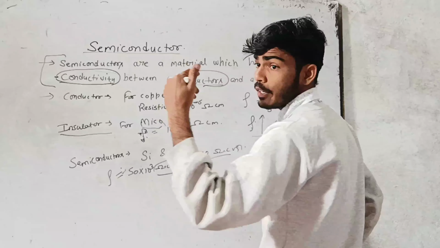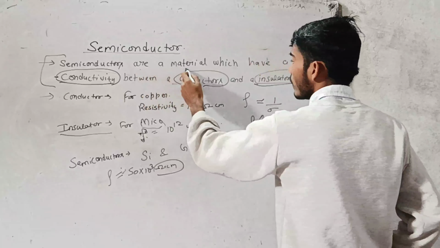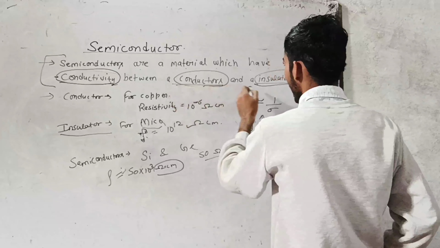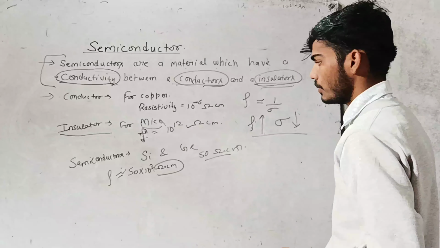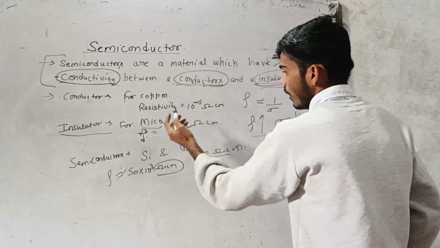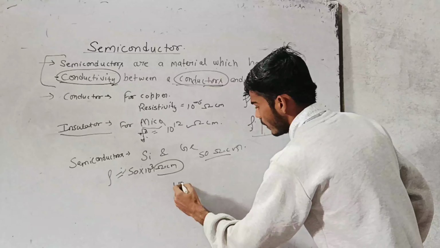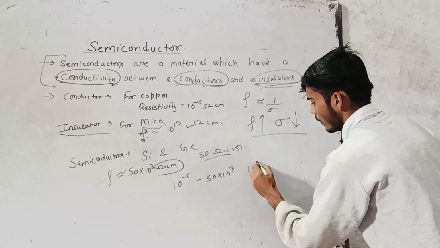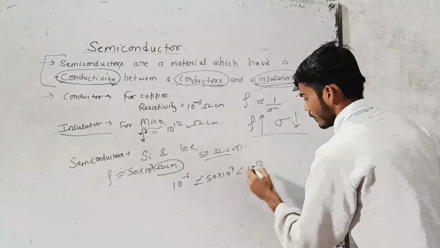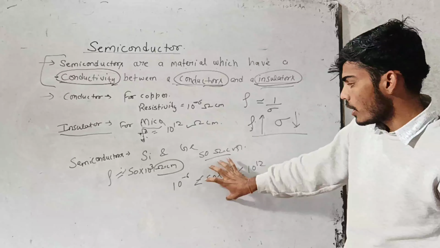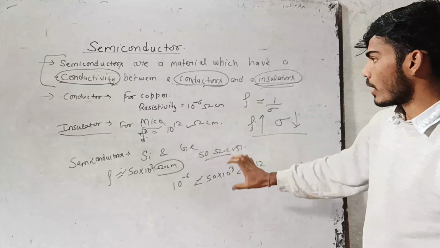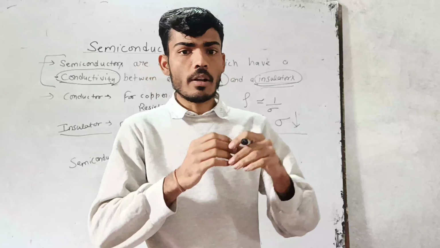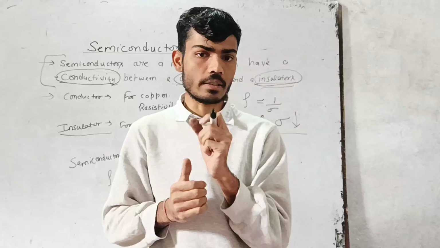As I told you in this definition, semiconductors are a material which have a conductivity between conductors and insulators. You can see here 10 to the power minus 6, then 50 into 10 to the power 3, then 10 to the power 12. It means its resistivity is greater than conductors but less than insulators. That's why we call it semiconductor.